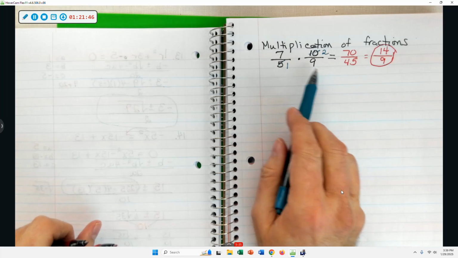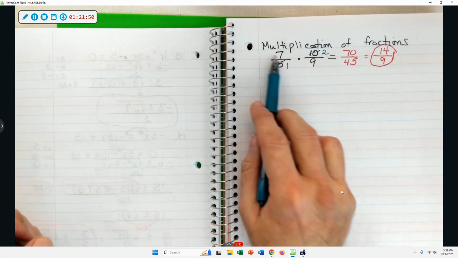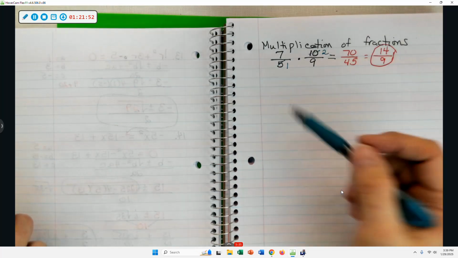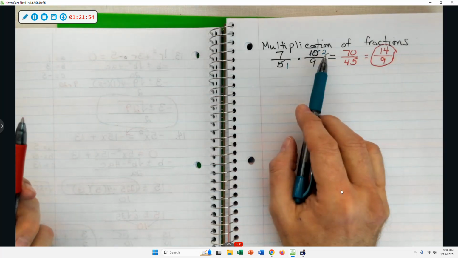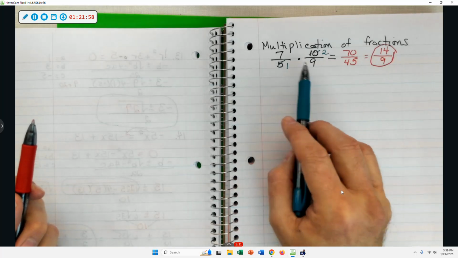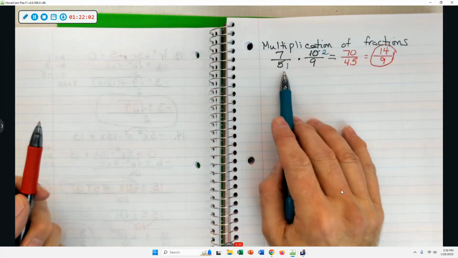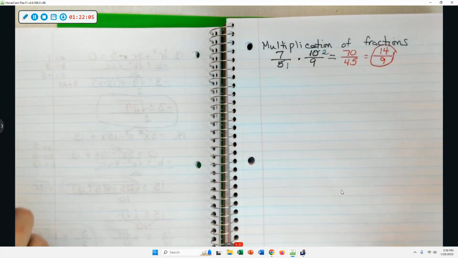Now this other diagonal, there's nothing to cancel there. 7 and 9, the only thing that divides into both of those is a 1. So we'd have 7 times 2 is 14. 1 times 9 is 9. Where'd I get a 4?